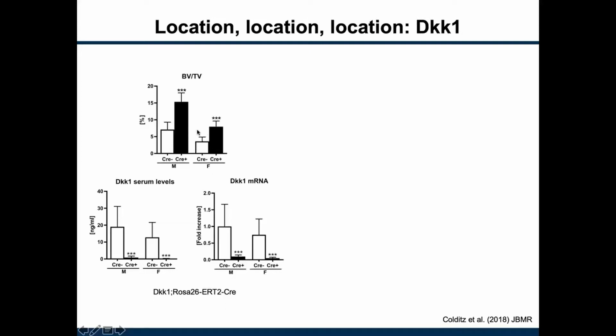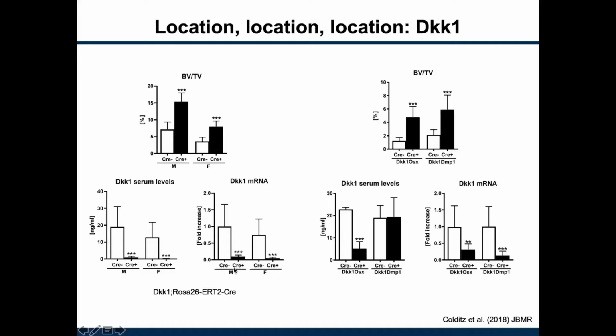Here you see the increase in the bone volume, which is to be expected, and you also see very nicely decreased serum levels of DKK1, but also skeletal levels of DKK1. But then when we looked at the Osterix-Cre and the DMP1-Cre, in both cases you can see an increase in the bone volume. But if you look at the serum levels, only in the Osterix-Cre were they reduced, whereas the DMP1-Cre did not show any alteration of the serum levels of DKK1.